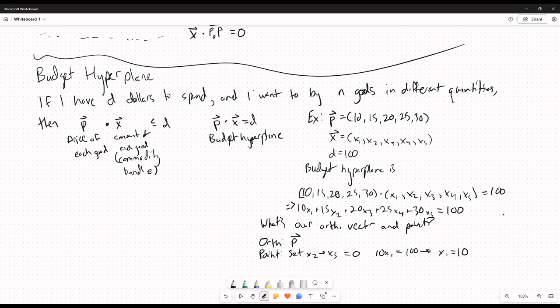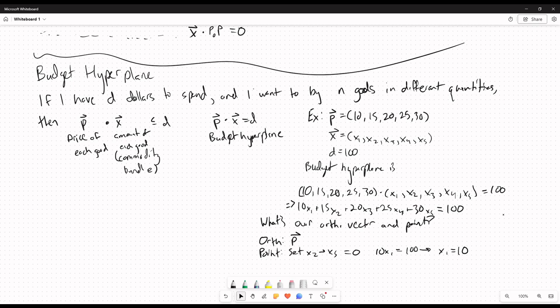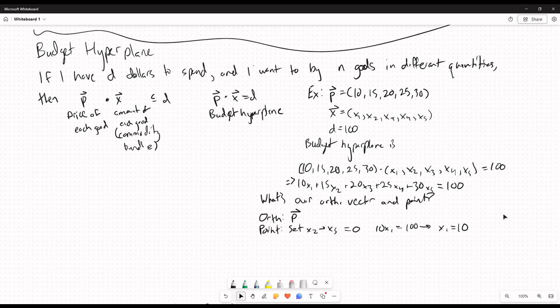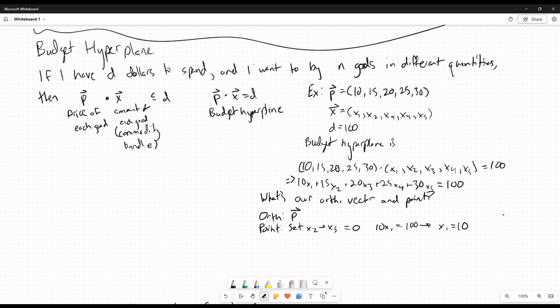So what that means is that I can rewrite my equation as 10 times (x1 minus 10), to represent that we have a point at 10, plus 15x2 plus 20x3 plus 25x4 plus 30x5 equals 0.